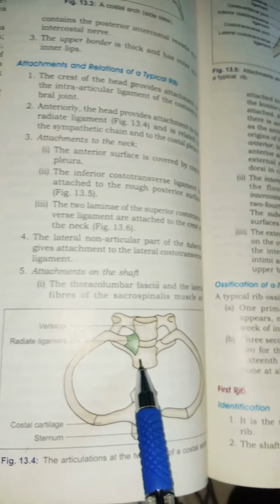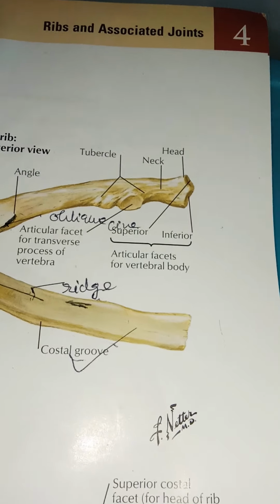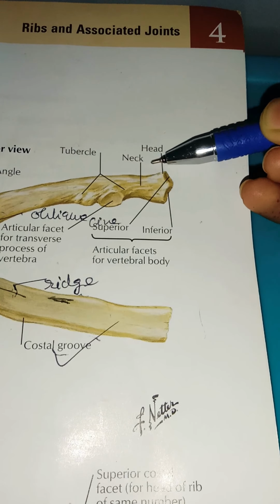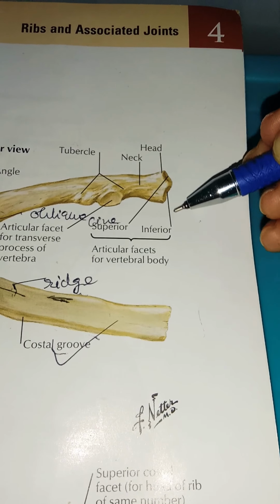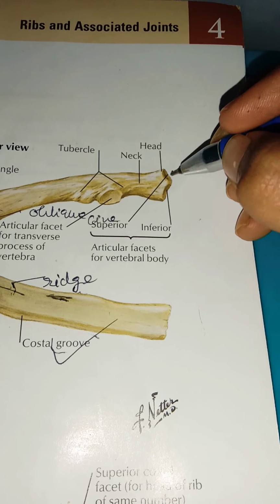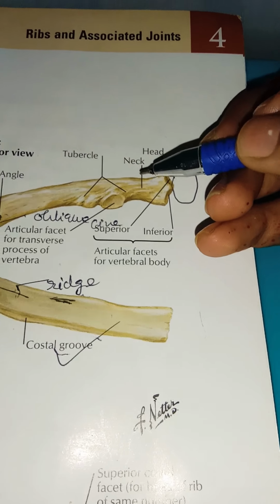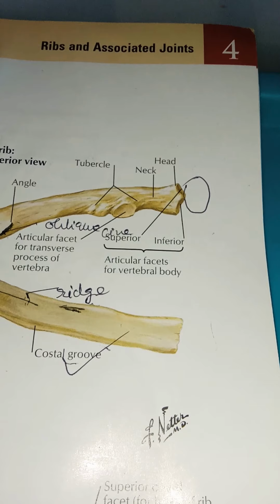In this diagram you can understand this is the head, and this is its posterior surface, and its anterior surface is the back. If it is attaching here to our vertebra, then posteriorly it will be in continuation with the pleural cavity, the costal pleura, right?